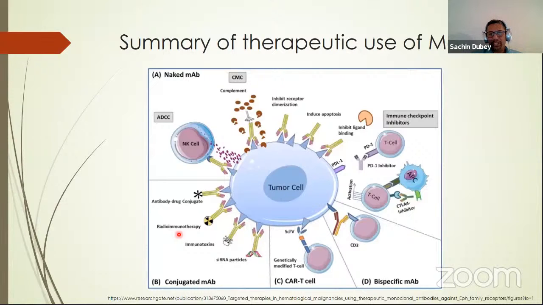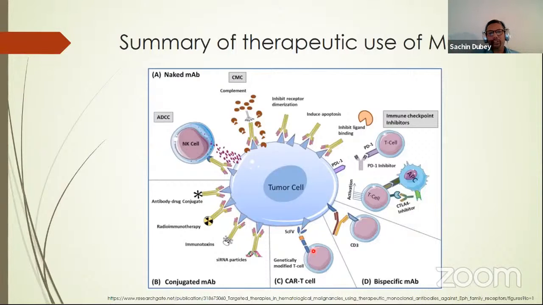There are then bispecifics, which we discussed. The last thing is something called CAR-T or cell therapy, which I won't say is completely driven by mAb, but I will strongly say this is truly inspired by monoclonal antibodies as well.